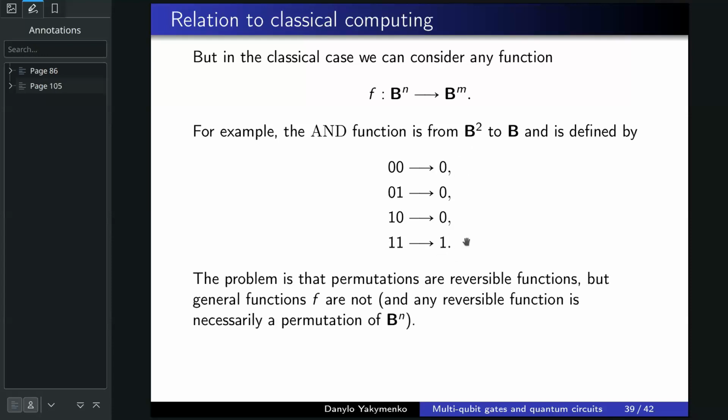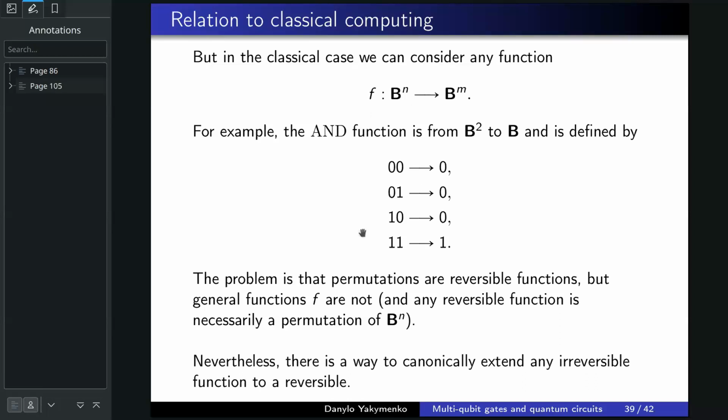So we have a problem here, because permutations are reversible functions, but general functions f are not reversible. And actually, if such a function f is reversible, it is necessarily a permutation. So n must be equal to m, and it must be a permutation.